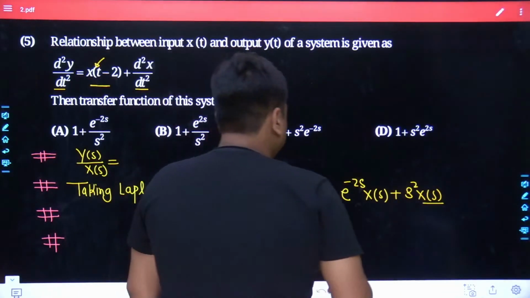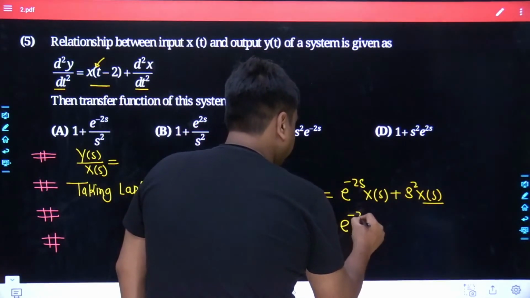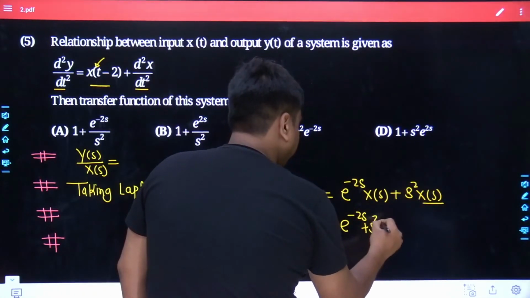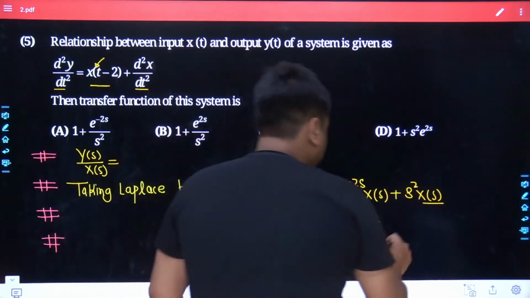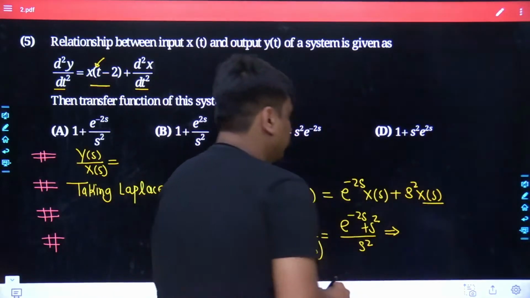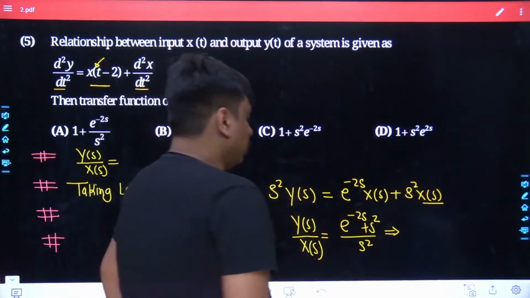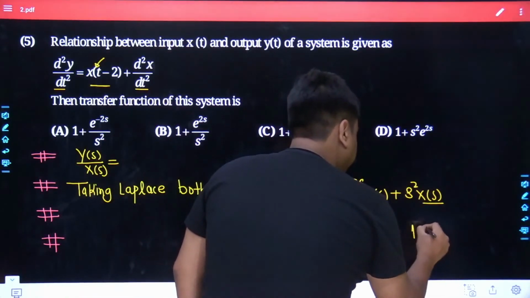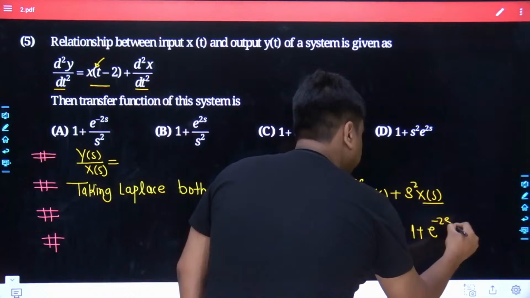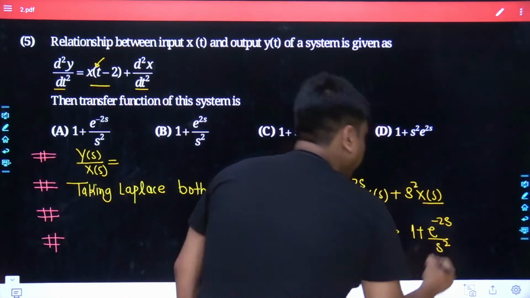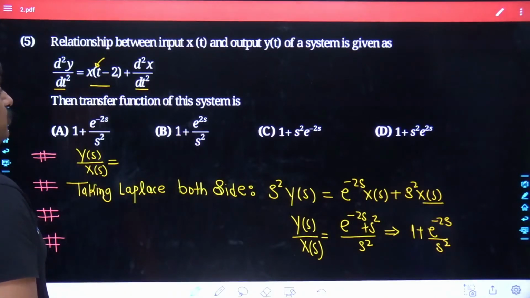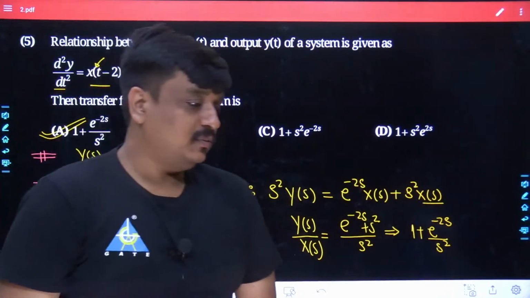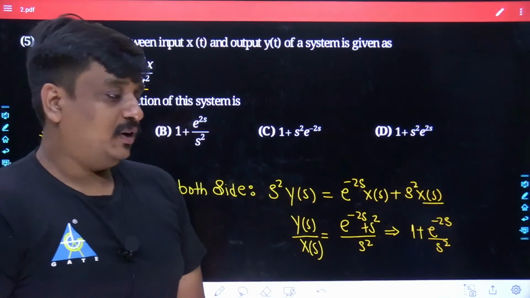So here it becomes e to the power of minus 2s plus s square, divided by s square. Obviously, we can do one thing: s square is the common component in the numerator as well as the denominator, so we can knock them out. It becomes 1 plus e to the power of minus 2s divided by s square. So whoever got the answer as A, that is the best answer. Yeah, perfect.